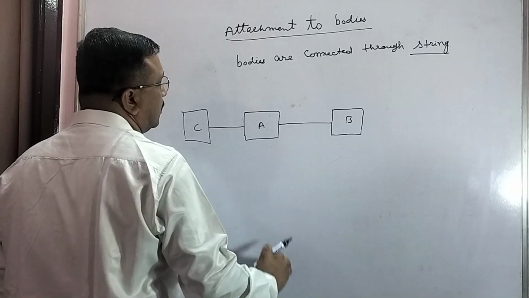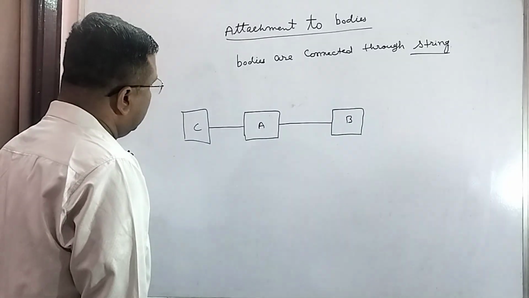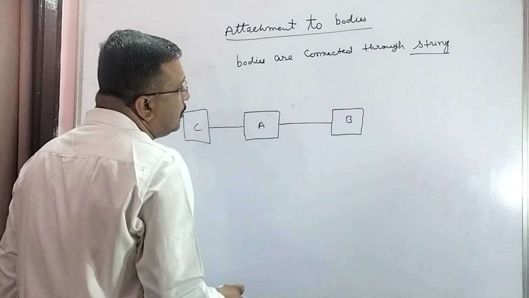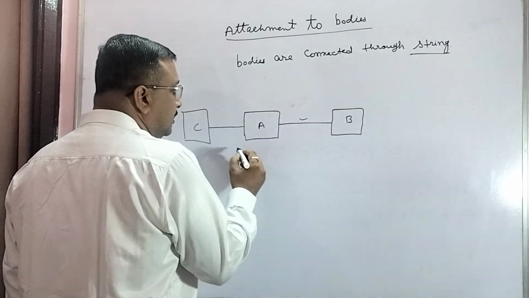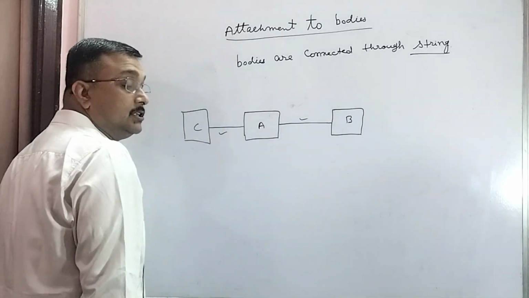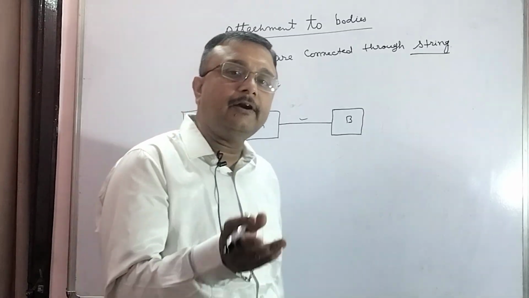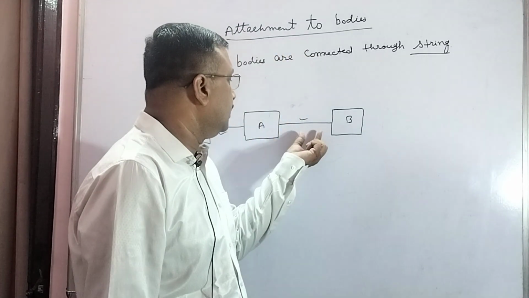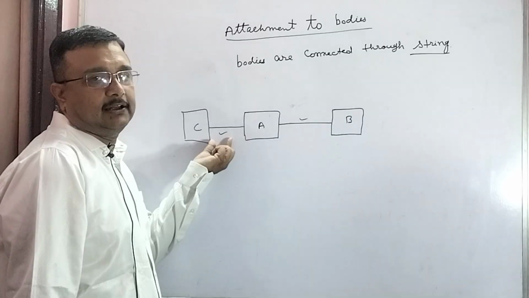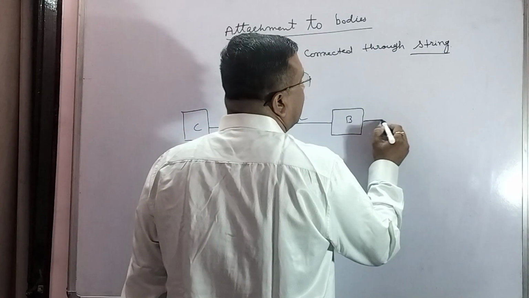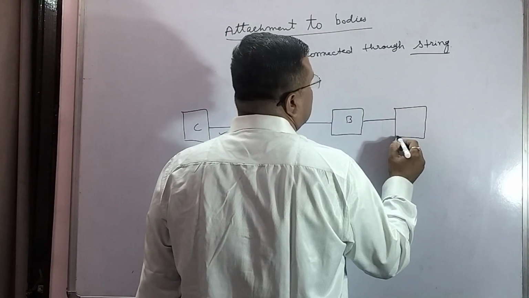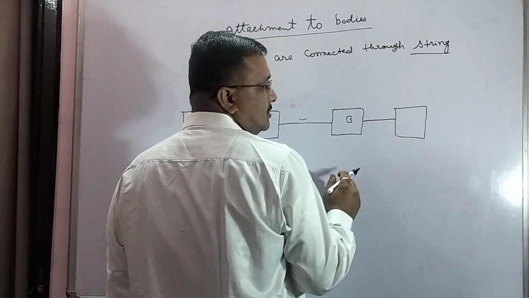This is connected with a string, or A and C are connected with this string, but this string and this string are not the same. They are different from each other. This is one string and this is another string. In the same way, we can have another block which is connected to another string.